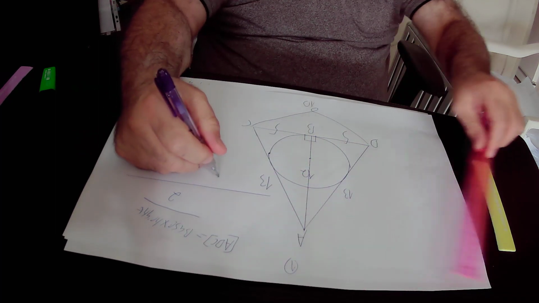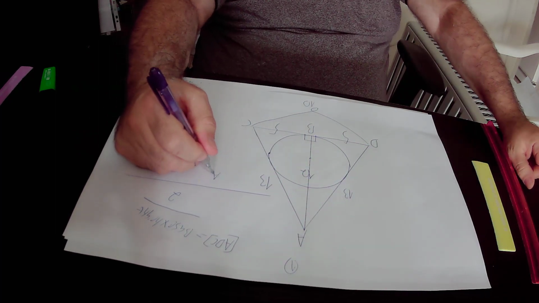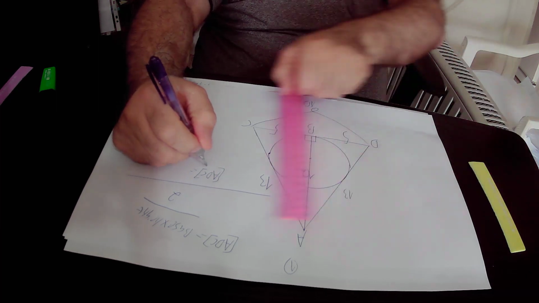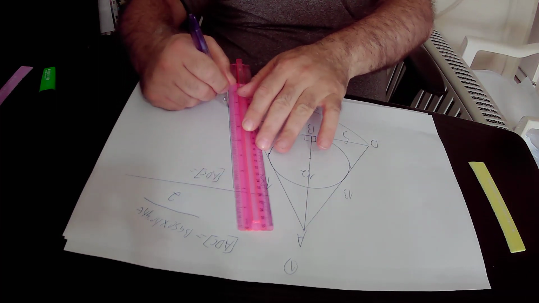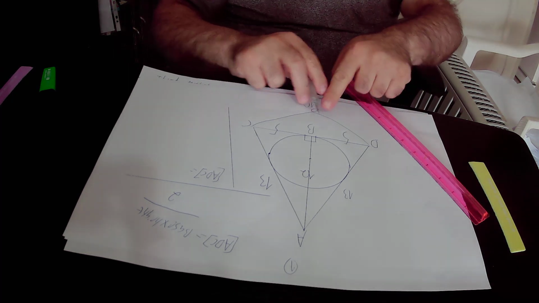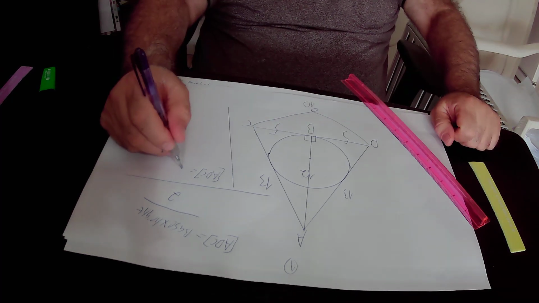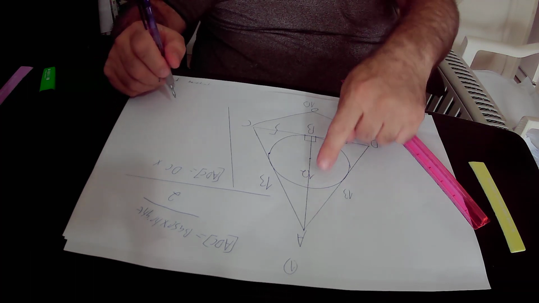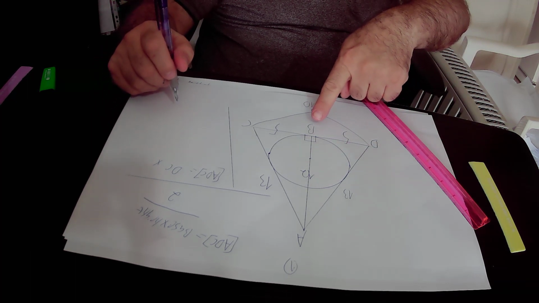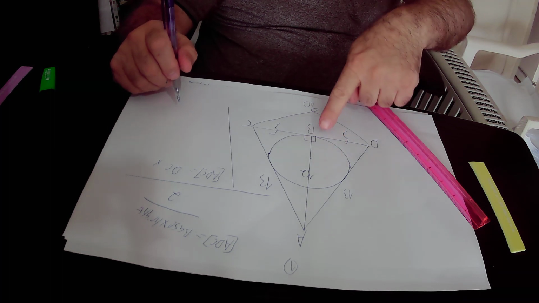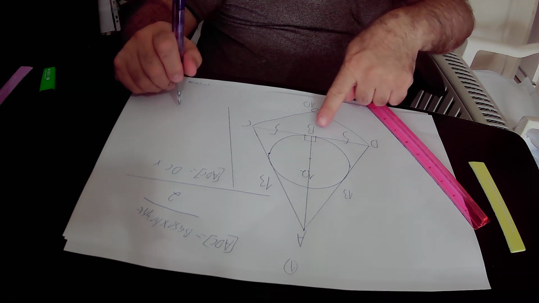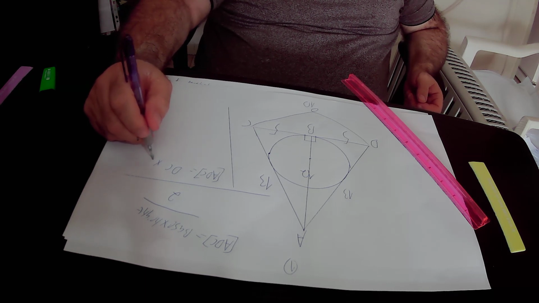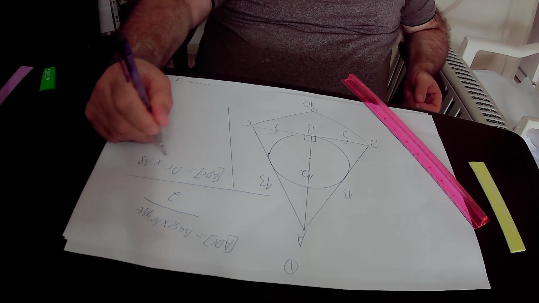So the area is equal to the base, that is DC. The base is DC. The height to the base is AB because the height creates 90 degrees with the base, and AB indeed creates 90 degrees with the base DC. So the height is AB, over 2.